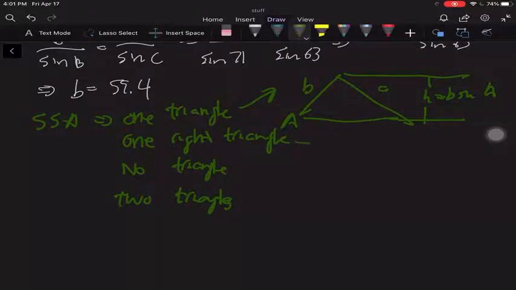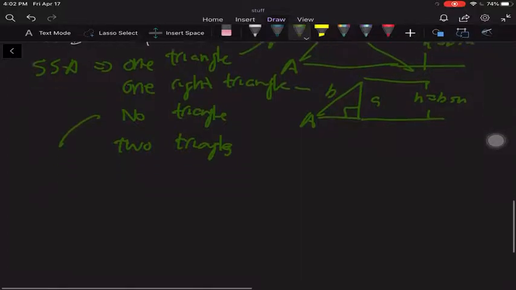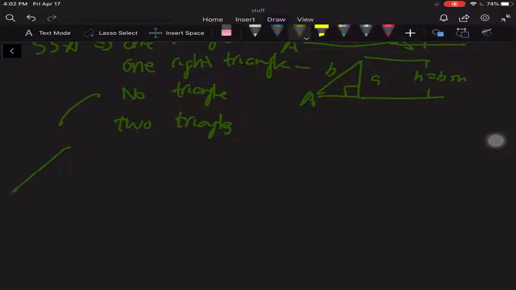We might have one right triangle where our height is equal to b sine A, and our a value is equal to h, just the right length to form a right triangle. We might get no triangles, where a is less than h and it's not enough to form the triangle.